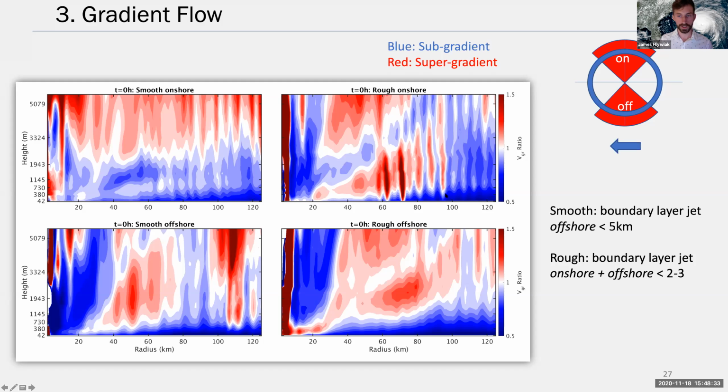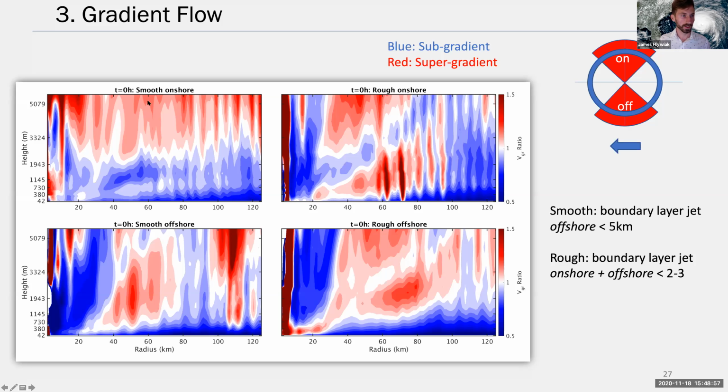So where you have blue colors, that just means there's subgradient flow, probably an inflow. When you see red colors, that means supergradient flow, not necessarily an outflow, but a higher Coriolis and centrifugal force relative to the pressure gradient force.